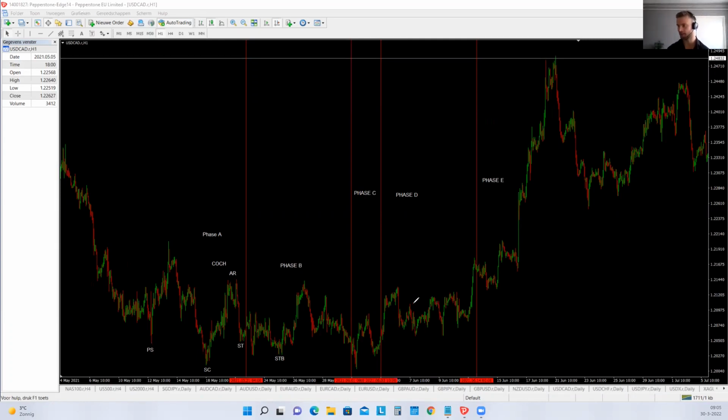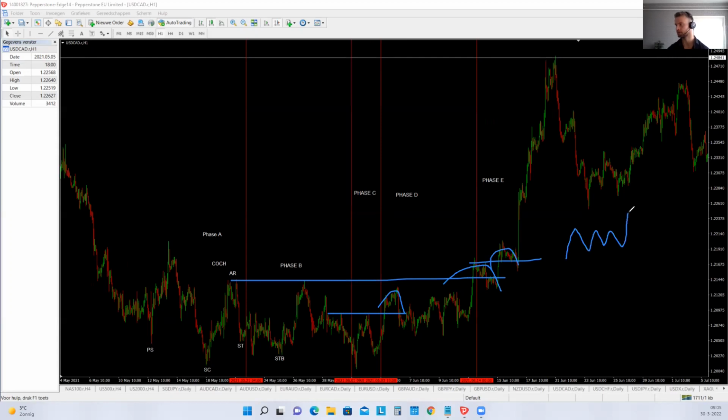So this is accumulation and it tends to be slower. And as you can see, you get multiple retests, retest here, break structure, another retest, break structure, another retest. And in terms of distribution, if you get your distribution range, it tends to just do a small pullback and then collapse. So that's kind of different.